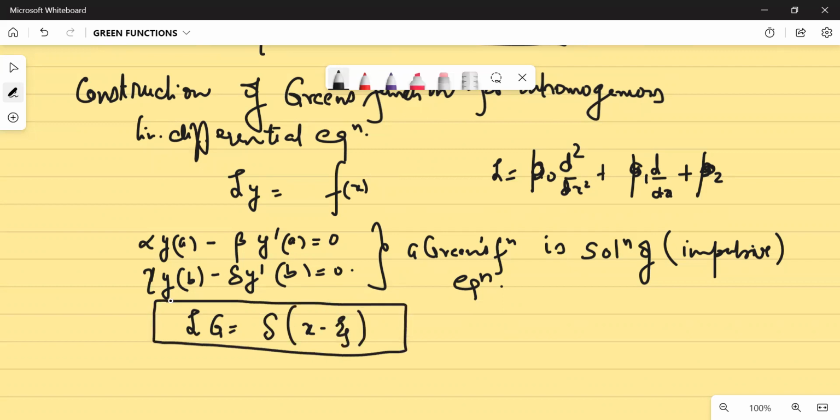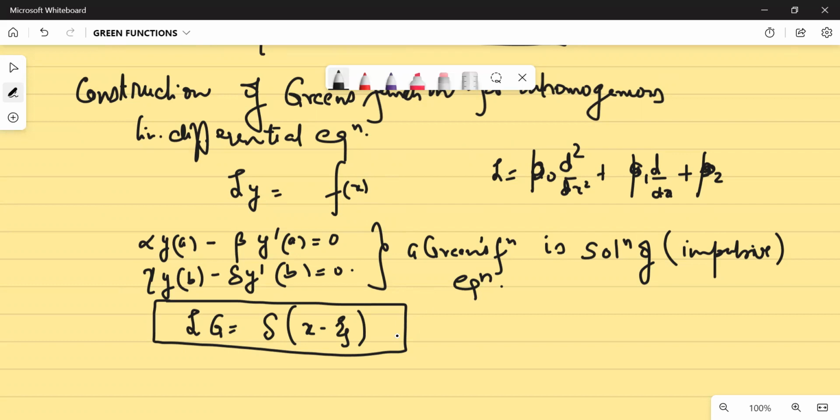So here it is. Again I'm reiterating, if I am given a linear differential equation, non-homogeneous case, in order to write the solution via Green's function, first we have to find the Green's function, and the Green's function would be equal to the solution of this particular differential equation had this f(x) been replaced by a Dirac delta function. Is that clear?